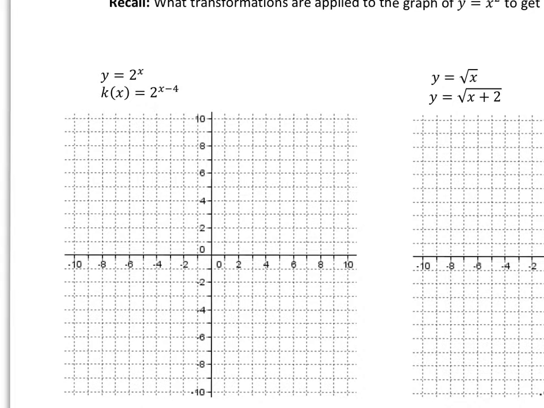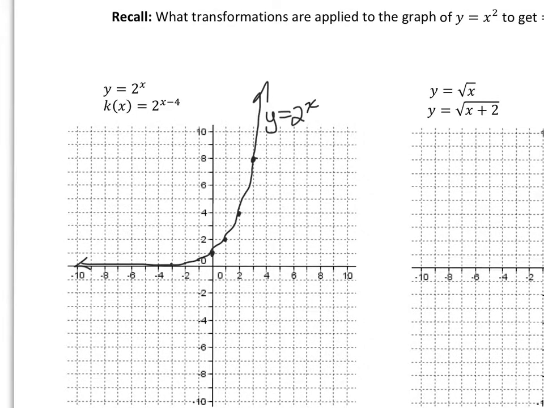This is when we're going to do 2 to the exponent x, and I want you to note that when I have an x minus 4 in the exponent like this, there is an inherent bracket around that.